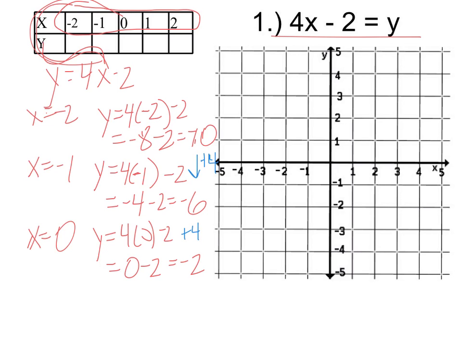So from there we can continue to add 4. That gives us -10, then -6, then -2. The next one, -2 plus 4 would be +2. And then 2 plus 4 would give us 6.